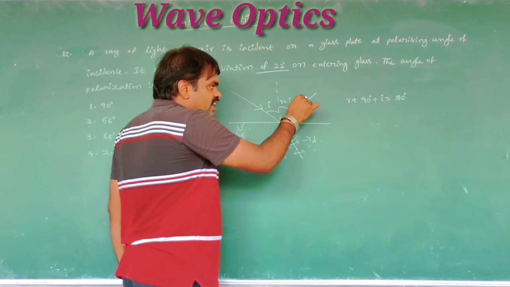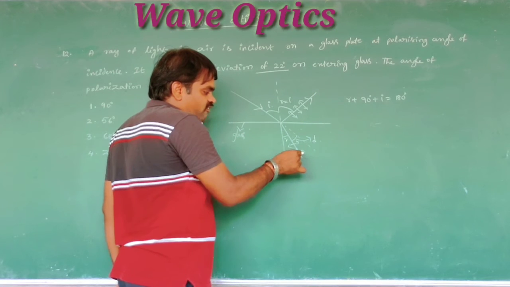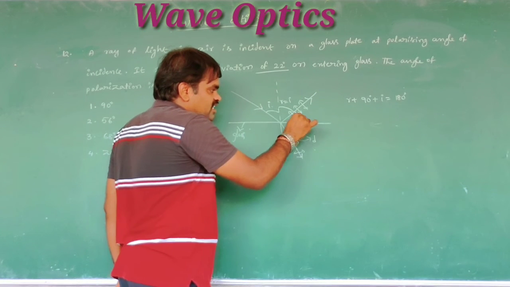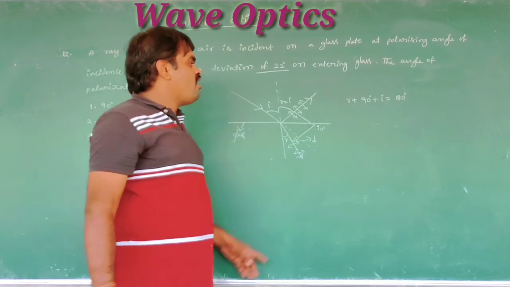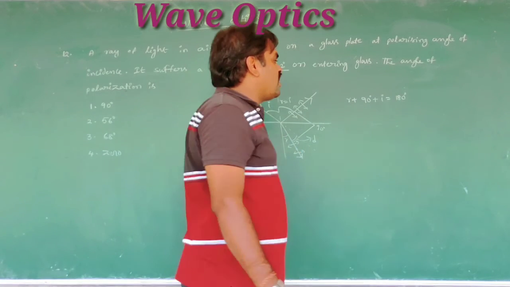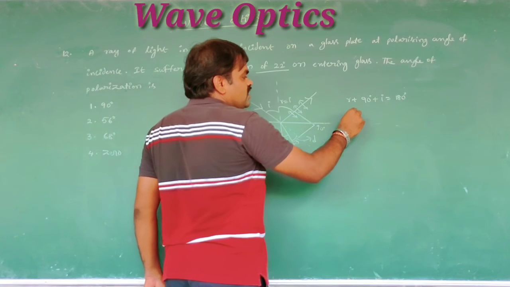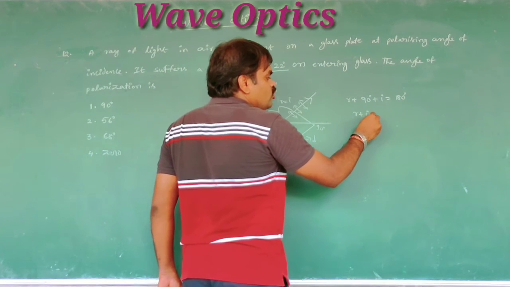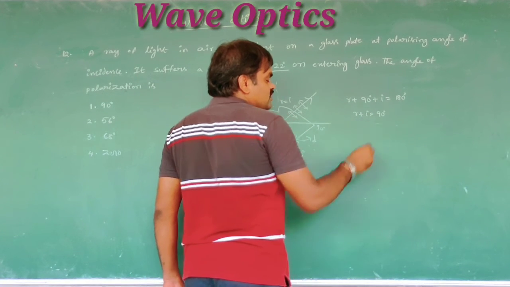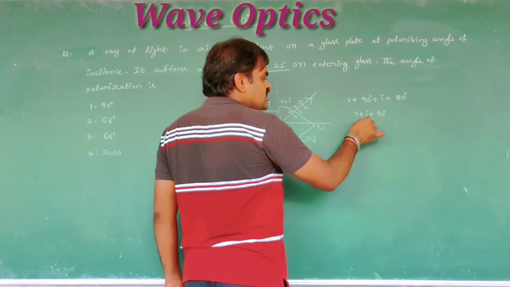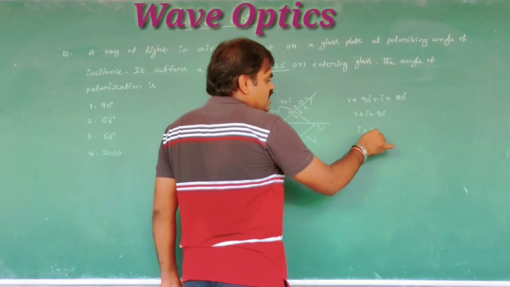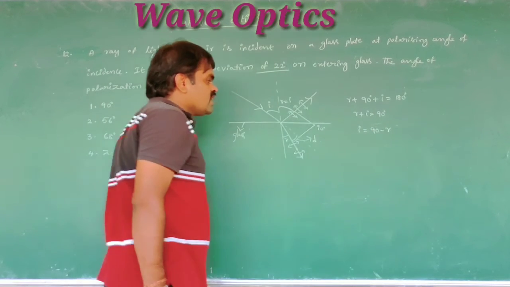The angle between the reflected light and the refracted light ray is 90 degrees. That's why R plus 90 plus I is equal to 180. R plus I is equal to 90. Then I is equal to 90 minus R.